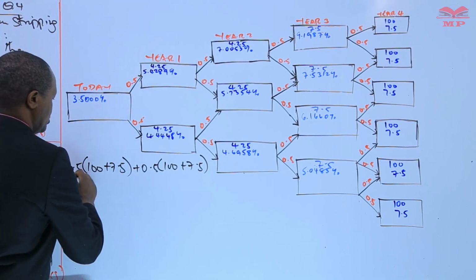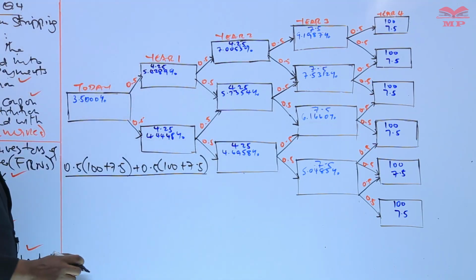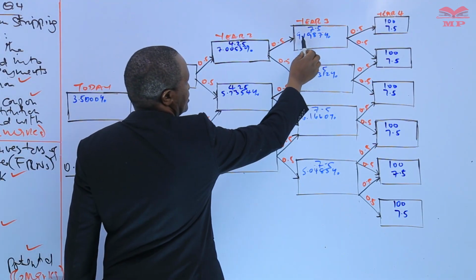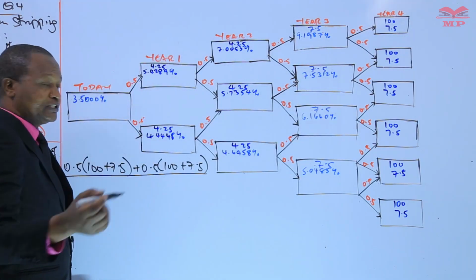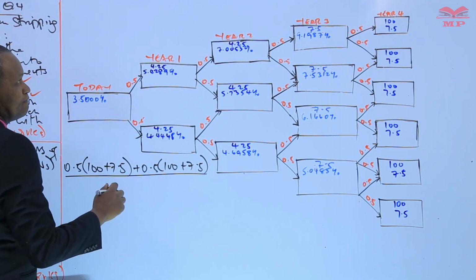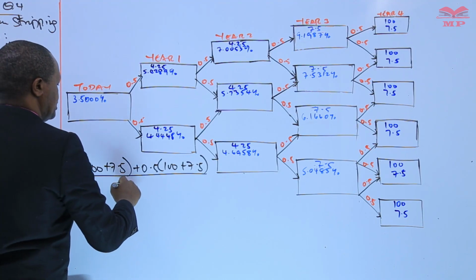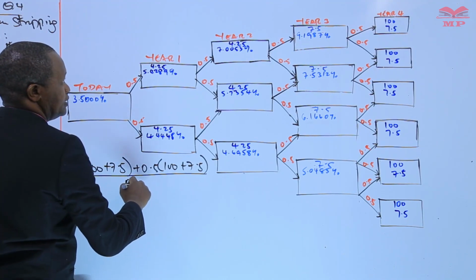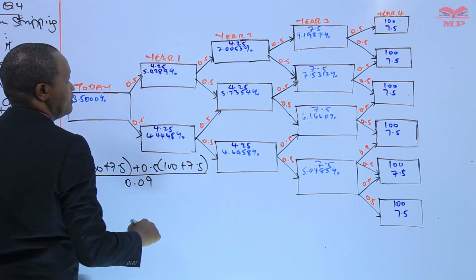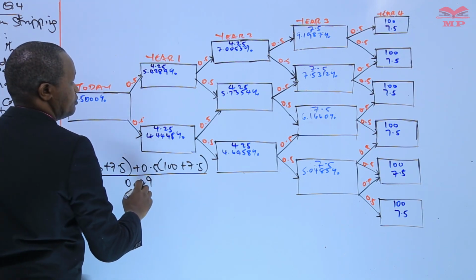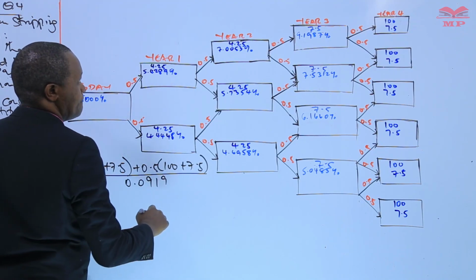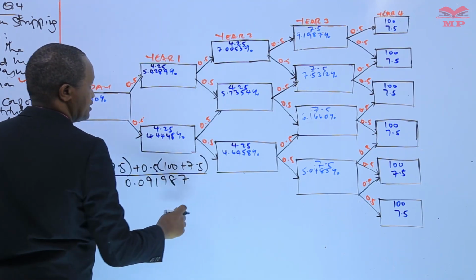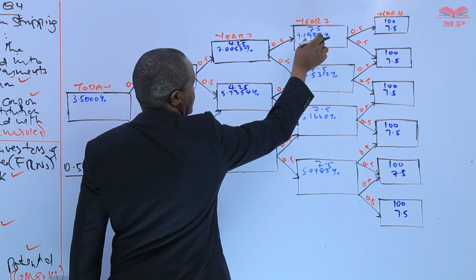This we are going to discount using 9.1987% converted into decimal. It will be 0.091987. That is the percentage.